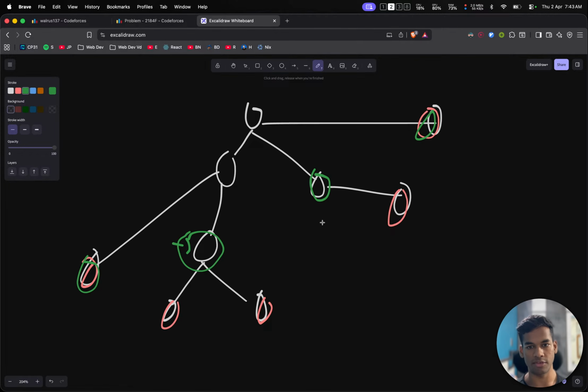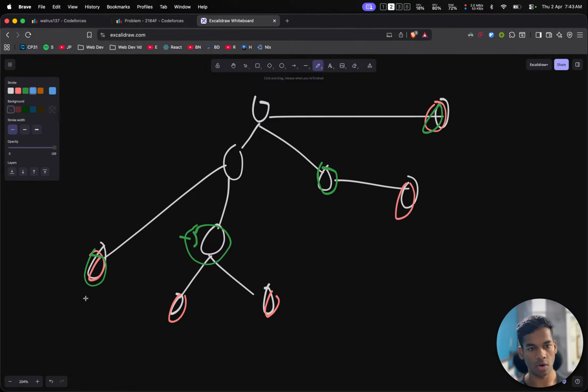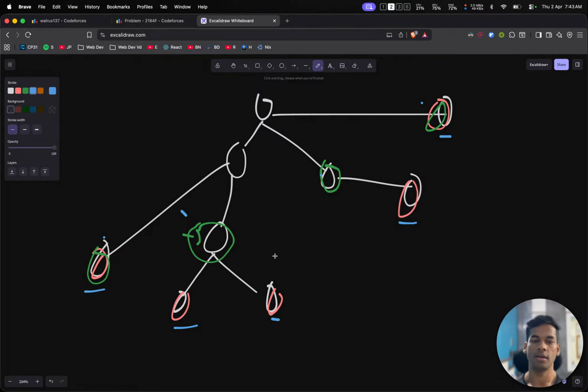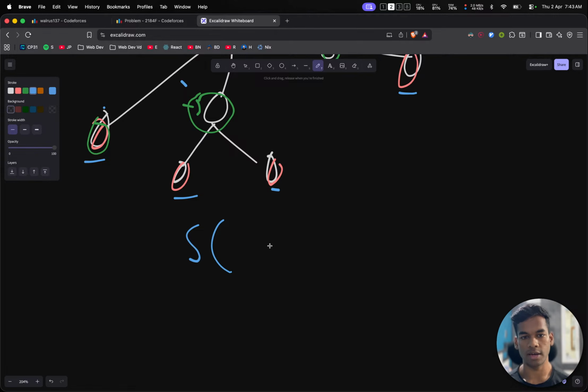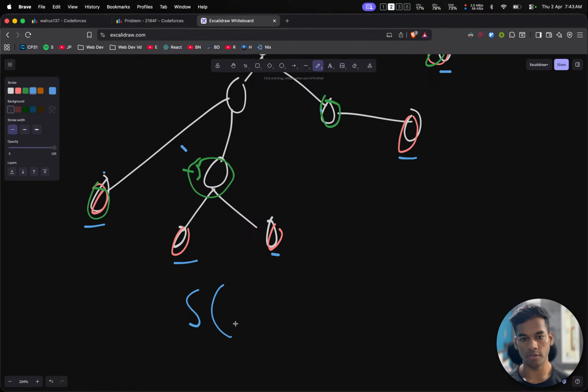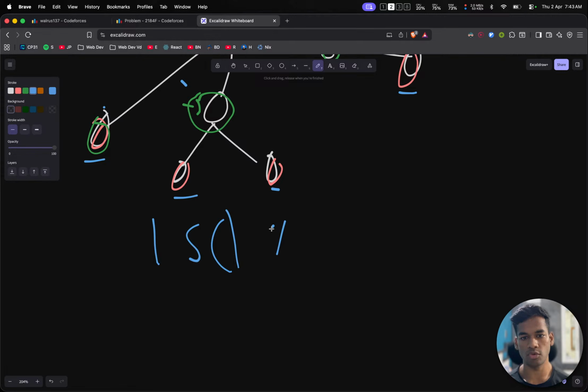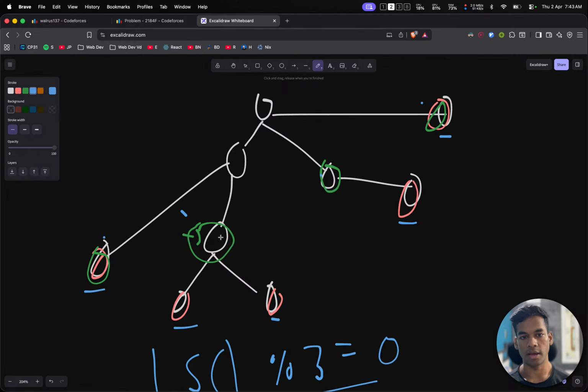The subset has to be such that all of the leaf nodes are covered as descendants of the nodes we have chosen in the subset. And there are just two constraints. When we create our subset, the size of the subset has to be a multiple of 3, so the remainder with 3 has to be 0, and the chosen nodes must cover the leaf nodes of the original tree. Those are the only two constraints.